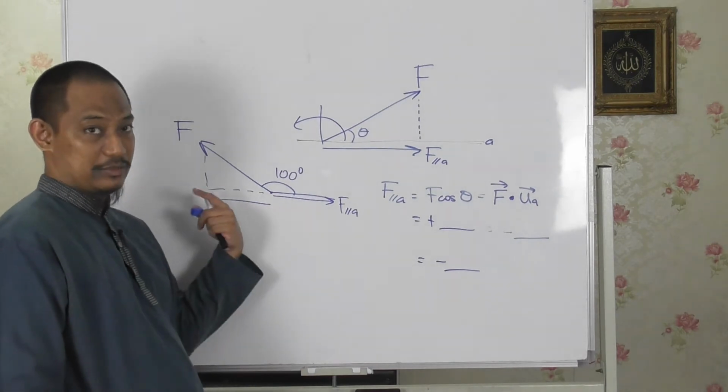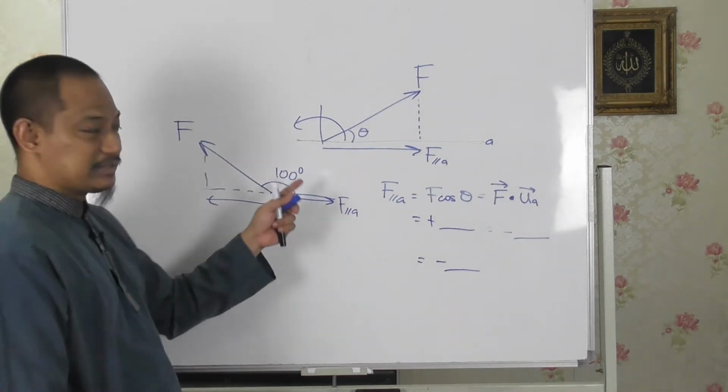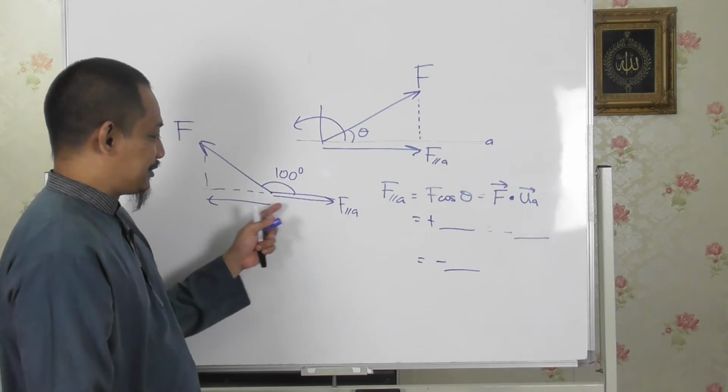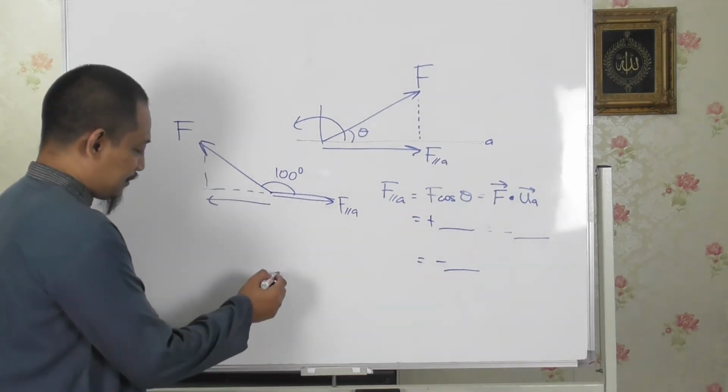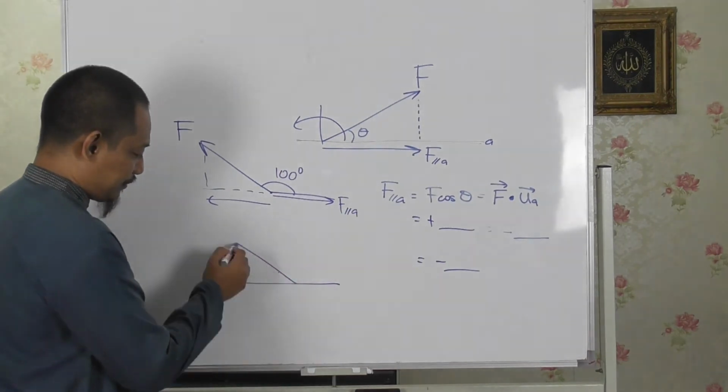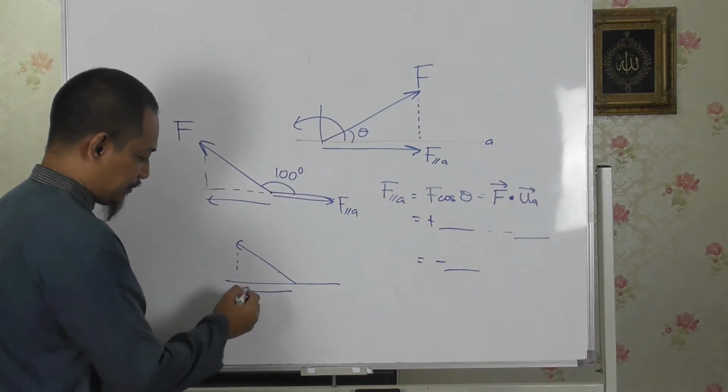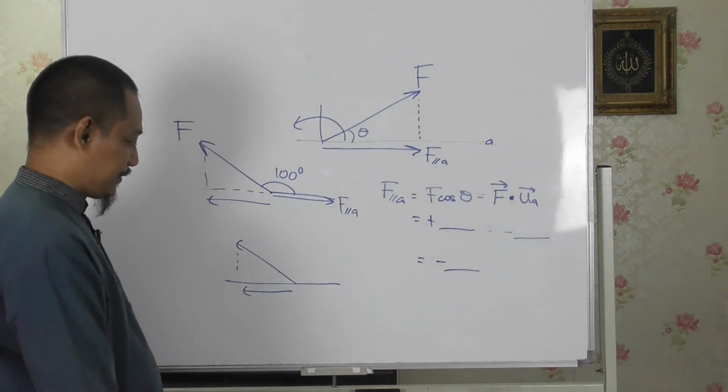Oh, it's actually to the left. Based on this understanding, normally we will not assume that. Obviously, when we have the axis here and the force here, this will be the projected component.